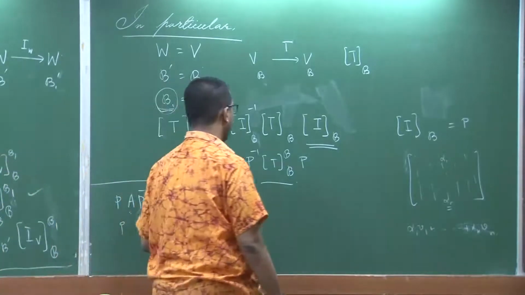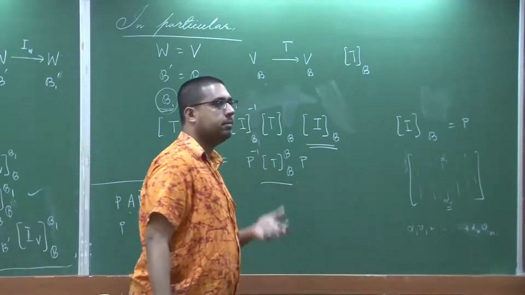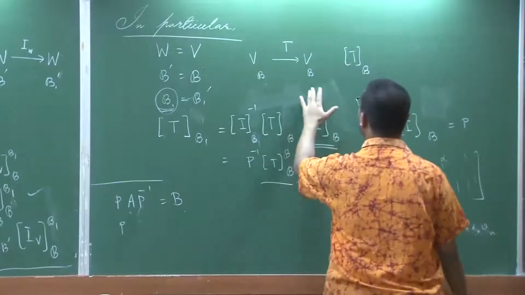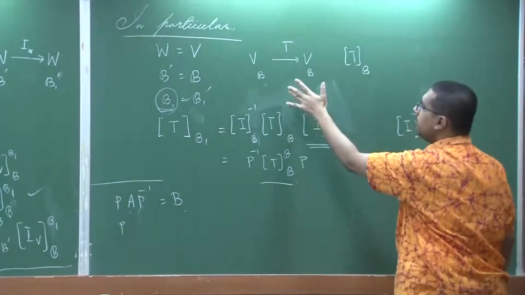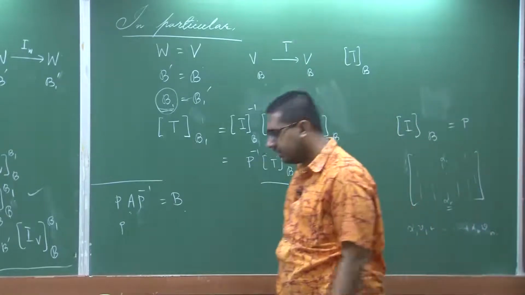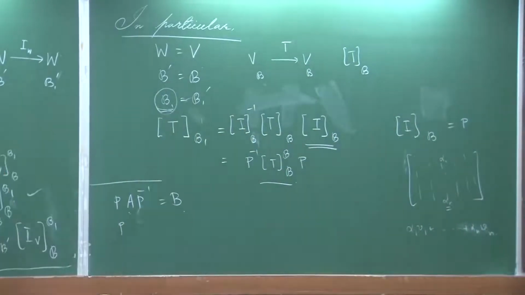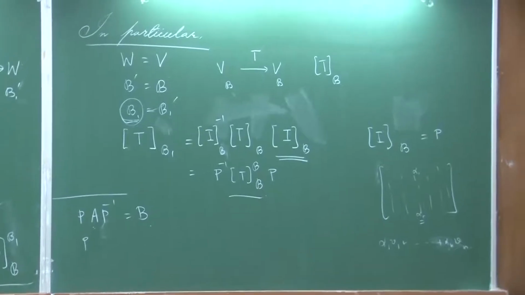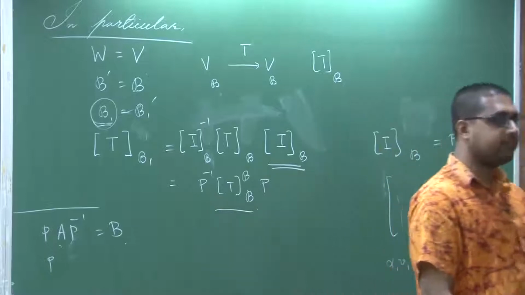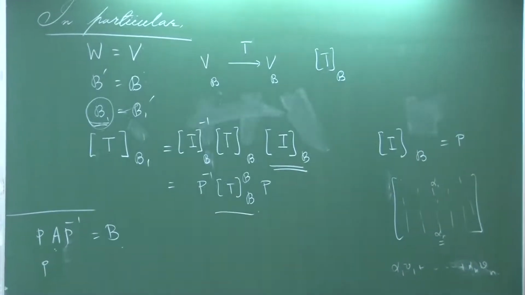So, what we have got is, if we change the ordered basis of a linear operator, I repeat, here we are considering the matrix representation with respect to a single ordered basis, as we very often will, then the matrix that we get becomes a similar matrix. Okay. What about vice versa?